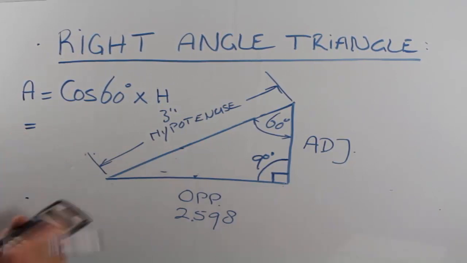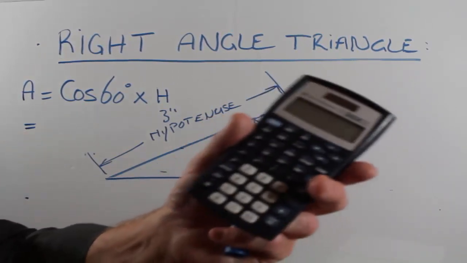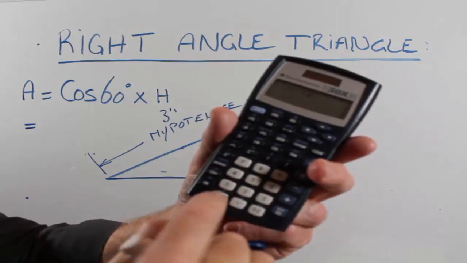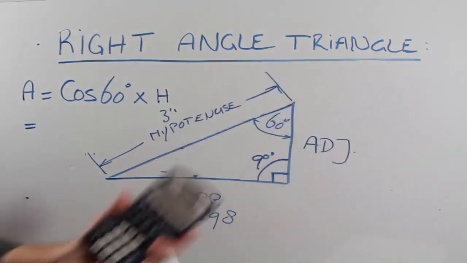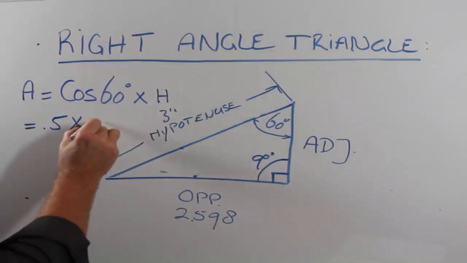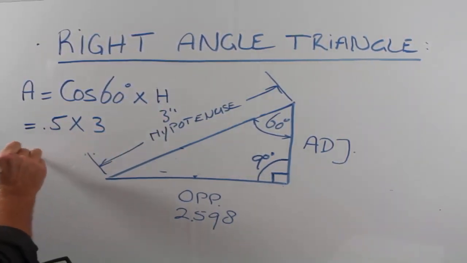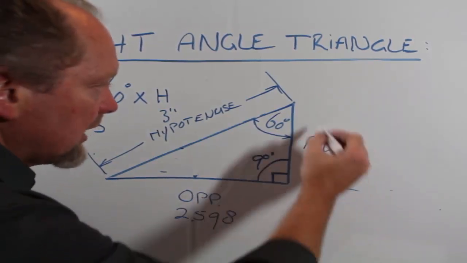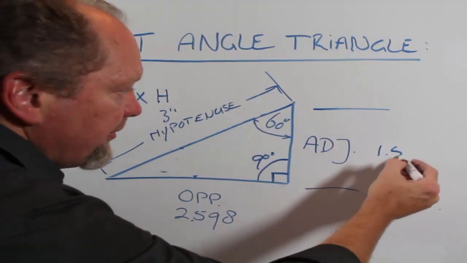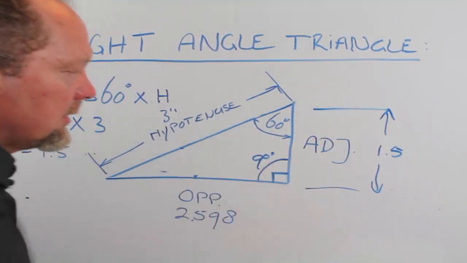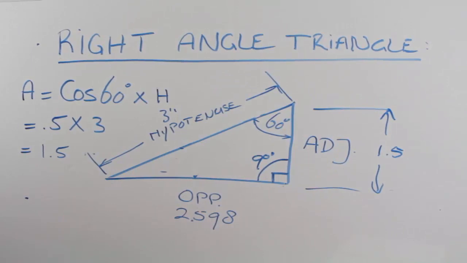So that equals, let's clear this, we're going to take the cosine of 60 equals, so that is 0.5, and multiply that times 3. So again, that is 1.5. So again, we'll come up with 1.5 for this length right here. Okay, so you can see it works out exactly the same way.